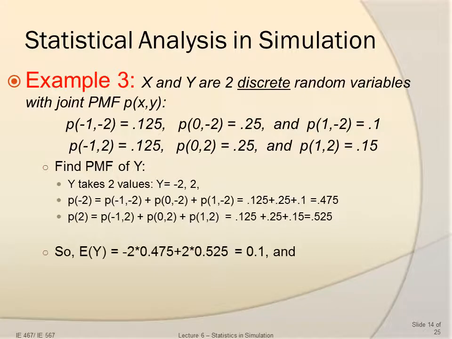Based on that, we can find the expectation simply by multiplying the values -2 and 2 by their corresponding probabilities. So -2 is multiplied by 0.475, which is its probability, and then 2 is multiplied by 0.525, which is its probability. Together we sum those products up and we get 0.1.